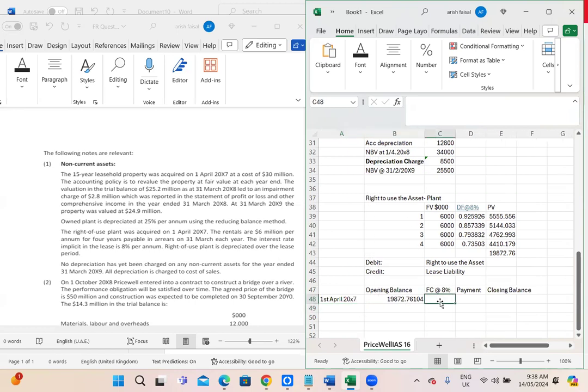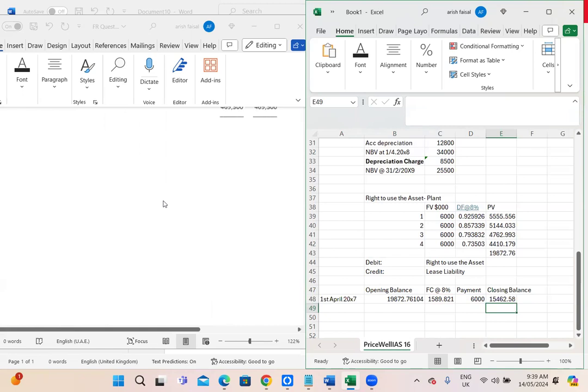And on this you have to charge 8% interest. So the last year the interest that was recorded was 1589. Then there was a payment of 6,000, which gave you a closing balance. So this plus the finance cost minus the payment, you get the closing balance, right?